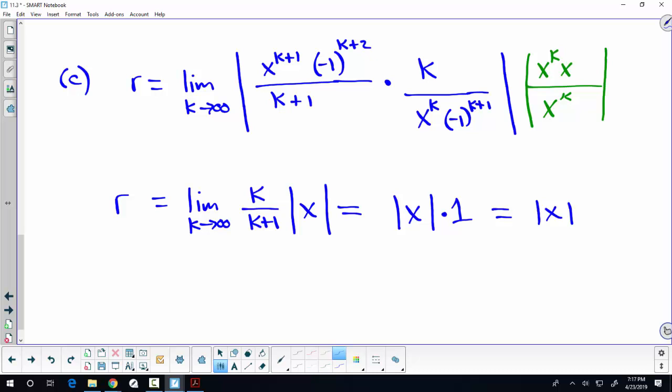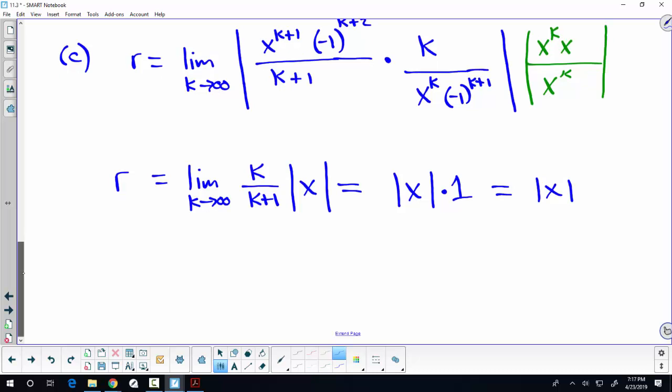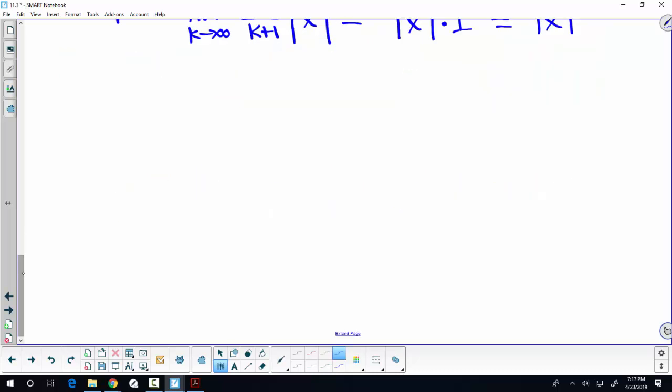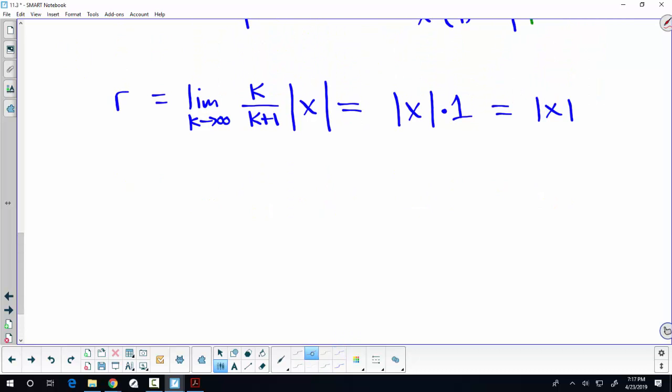We look at leading term over leading term, k divided by k. If you can't see these limits like that, there's no harm in applying L'Hopital's rule. So it's infinity over infinity. Derivative of k is 1. Derivative of k plus 1 is 1. So you see that immediately with one application of L'Hopital's rule.